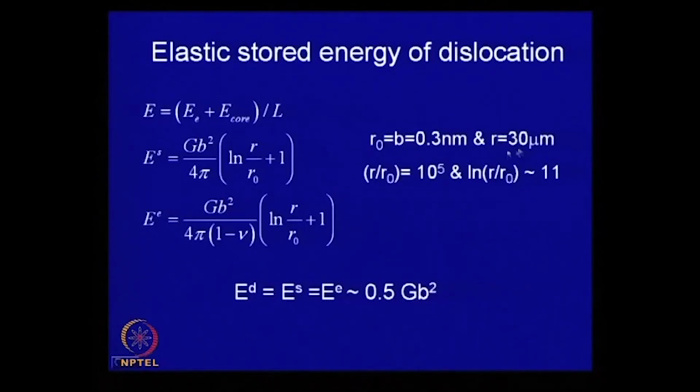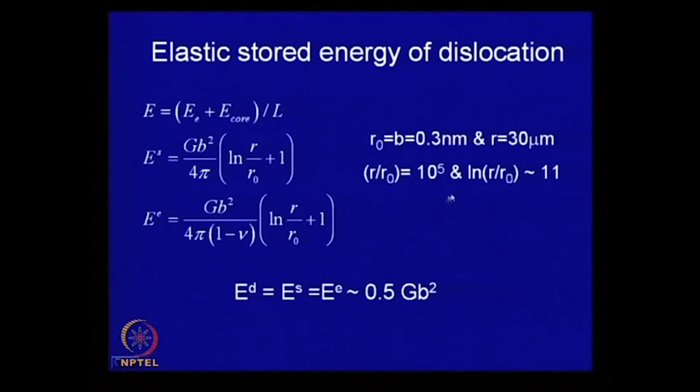So, we say half of that is the radius: if the grain size is 60 micron, we take the radius as 30 micron and assume that the dislocation is present at the center of the grain. So, R is 30 micron, and if you find this ratio R over R naught, it will be of the order of 10 to the power 5. So, if you calculate this factor ln R over R naught, it will be around 11.